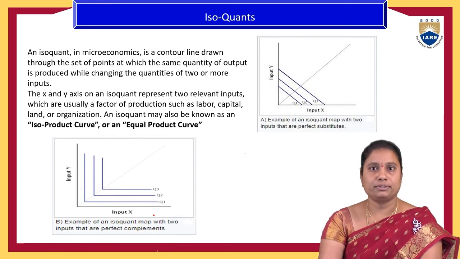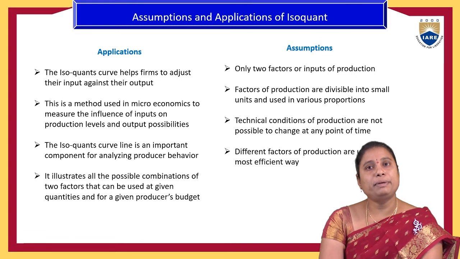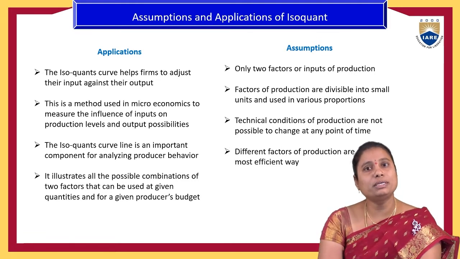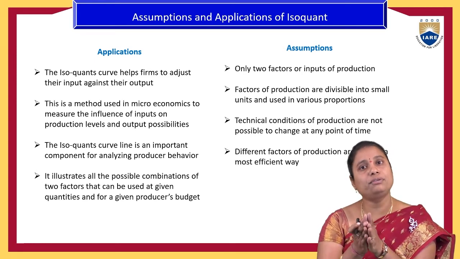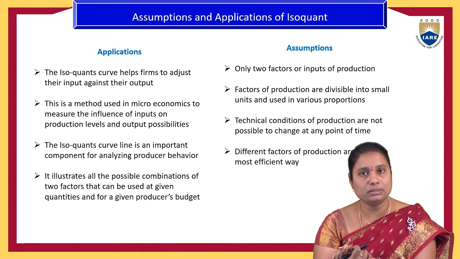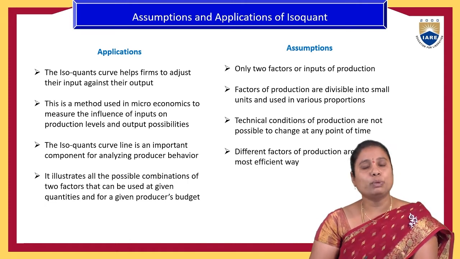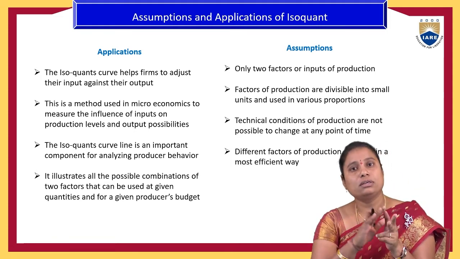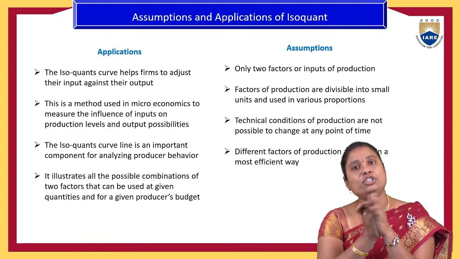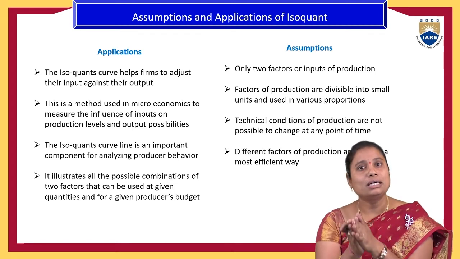Once we observe the assumptions and applications of these isoquants, it always assumes that only 2 input factors are going to be changing in the production. It is very easy to know one variable substitutable for another variable or one variable complementary to another variable.